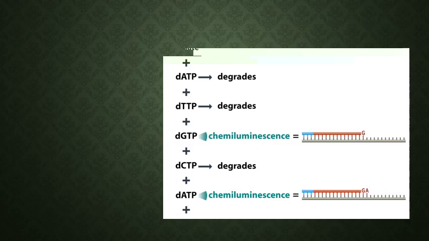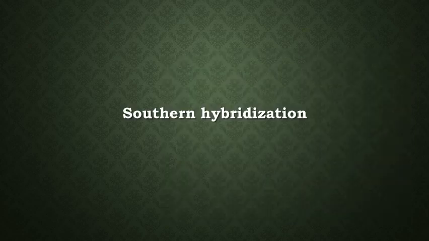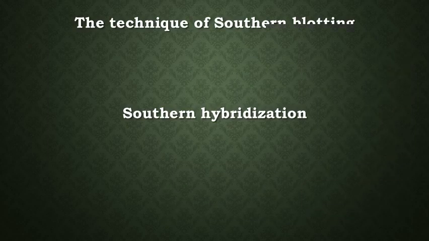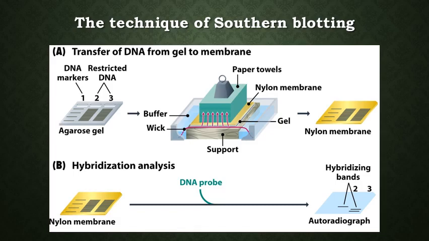Now we move to Southern hybridization. As we know, gel electrophoresis is a powerful tool for separation of macromolecules with different sizes and charges. DNA molecules have an essentially constant charge per unit mass, thus they separate in agarose and acrylamide gels almost entirely on the basis of size or conformation.